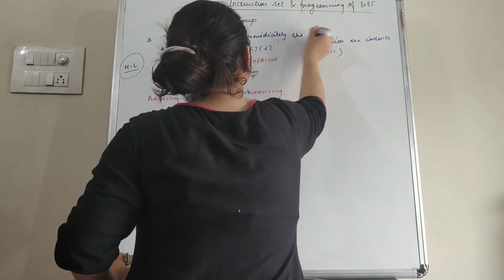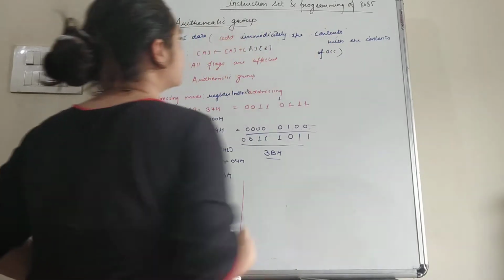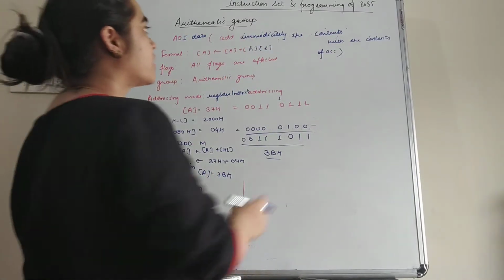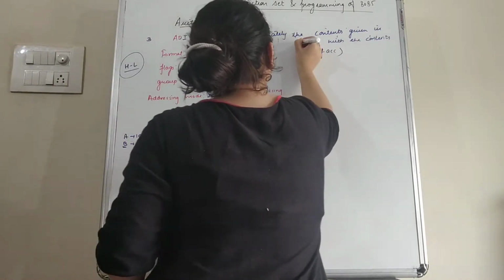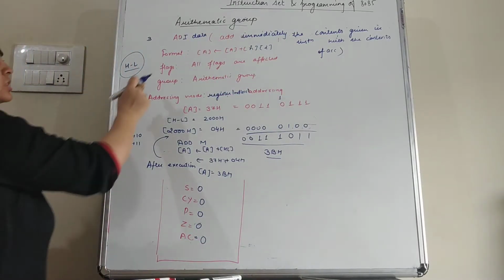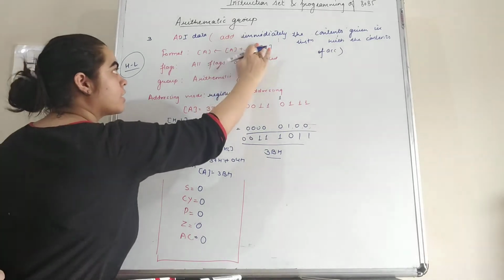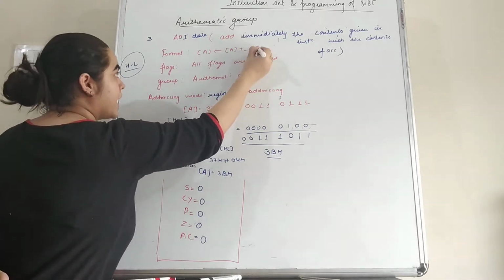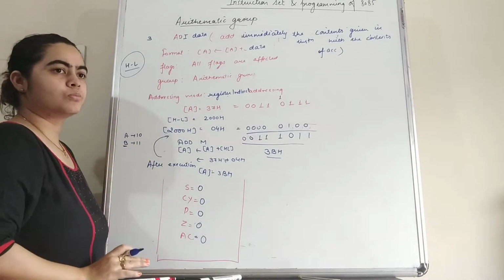The format of this instruction is that we add the contents of the accumulator with the data that is given in the instruction, and the result is stored in the accumulator.